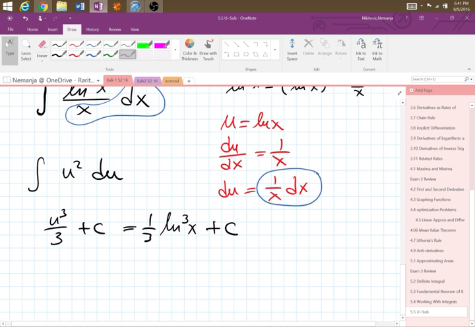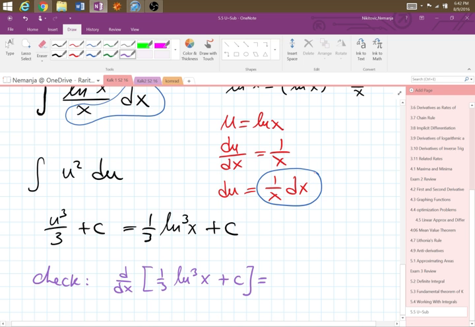Now let's say you are not lazy and you care. What would you do? You would take a derivative to check it, right? So what's the derivative? Let's change the color. What's the derivative of 1/3 ln cubed x plus c?